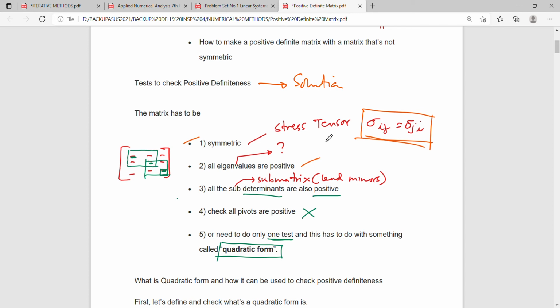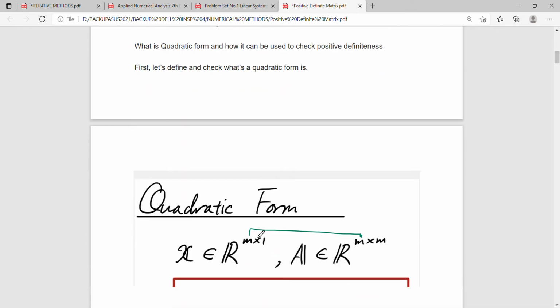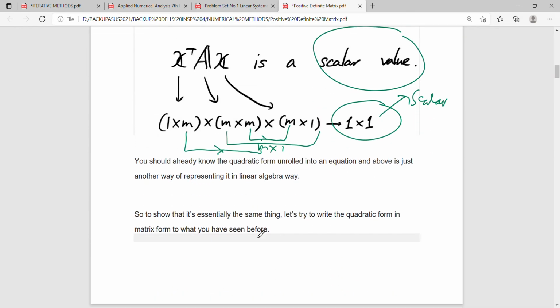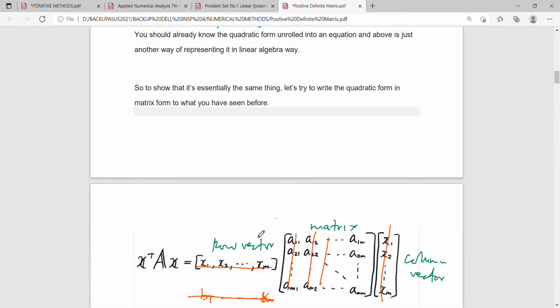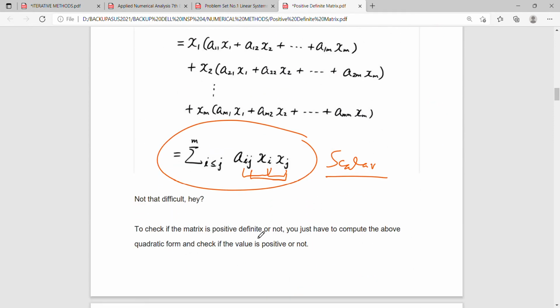Okay? But as I've told you, this simple test can be summarized into one test only, which is to look into the quadratic form and check whether the value is positive and definite, so that you can conclude with confidence that your matrix is positive definite.